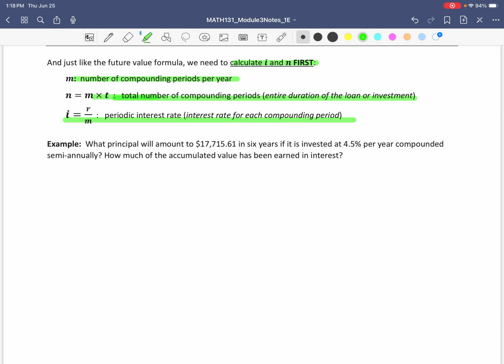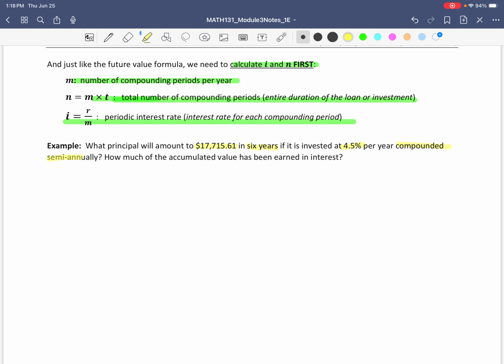So here's our example here. What principal will amount to $17,715.61 in 6 years if it's invested at 4.5% per year compounded semi-annually? So how much of the accumulated value has been earned by interest?